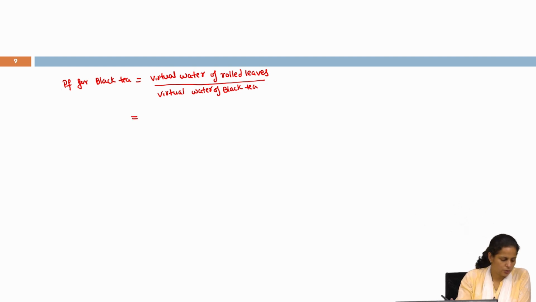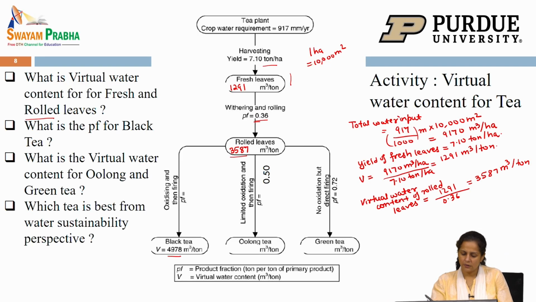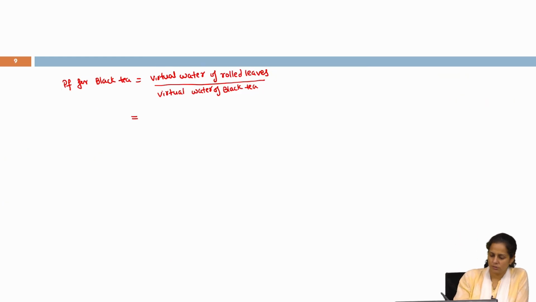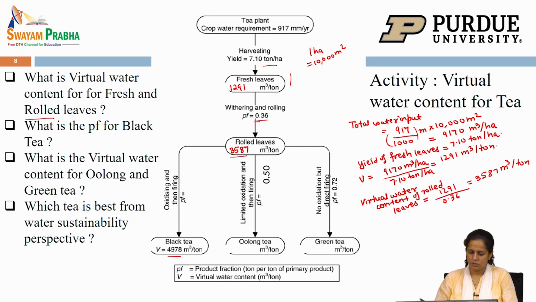For rolled leaves, if you go back, we have 3587 divided by 4978, and that value will come out to be 0.72. So, we can fill this value as 0.72.